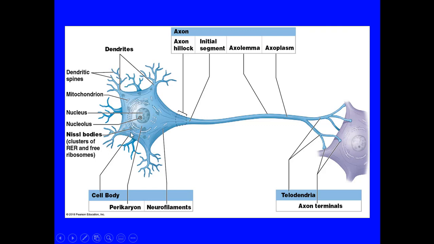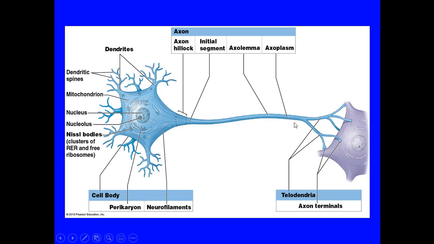Nissl bodies are the clusters of rough endoplasmic reticulum and free ribosomes. As I said, you have mitochondria here. The axon hillock, and now a lot of times they're saying the initial segment, where the generation of action potentials occurs, is basically proximal but inferior to the axon hillock.